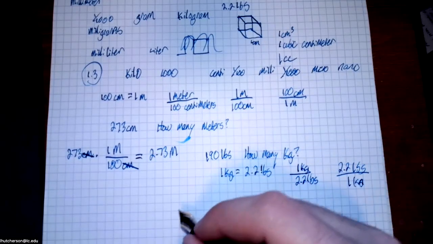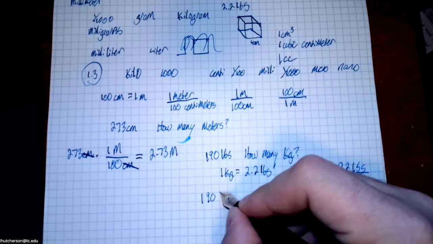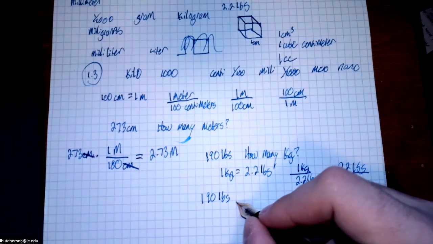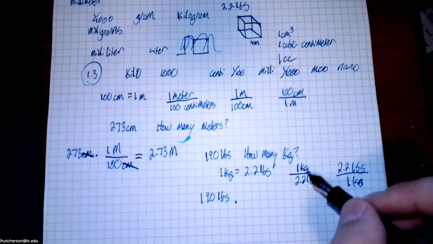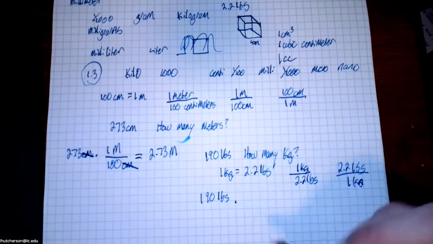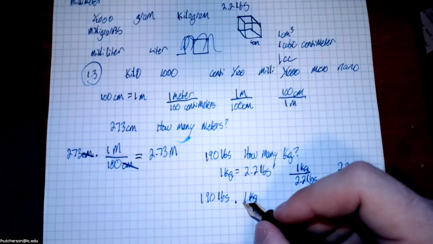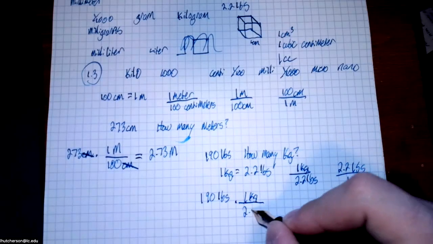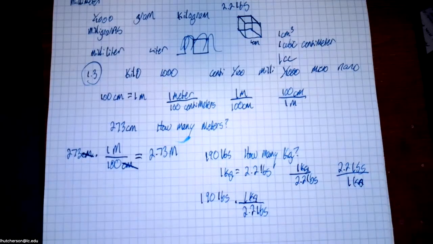Now, if I want to solve this, I can say 190 pounds times, I want to use the conversion factor that has pounds on the bottom. So I'm going to say times 1 kilogram over 2.2 pounds.